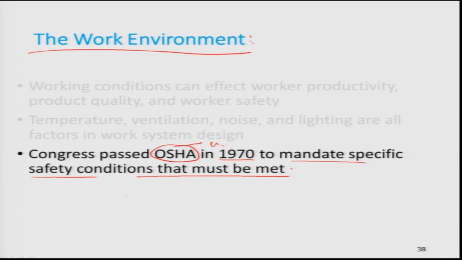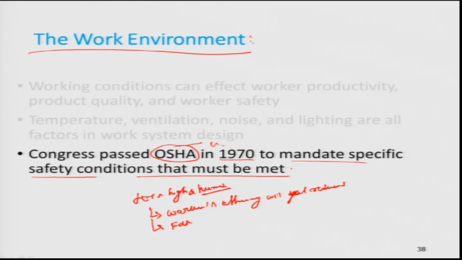Here you can see the work environment quality. Suppose you are working in an environment where the temperature is high and humid. So, what will happen? Workers' efficiency will get reduced, because fatigue will be there for each worker.